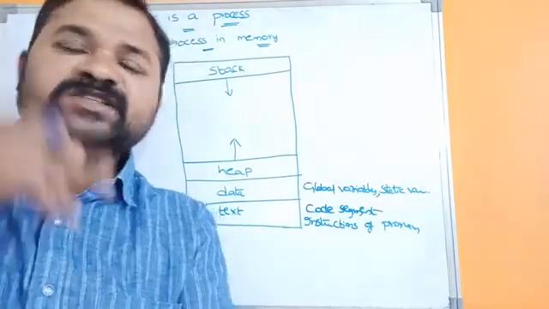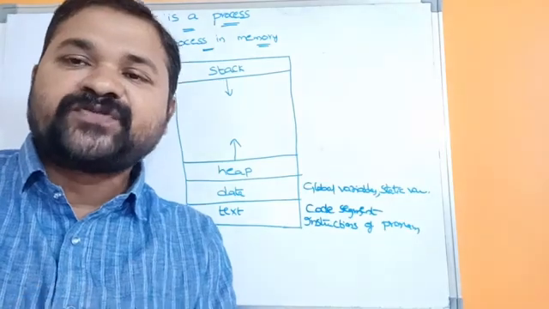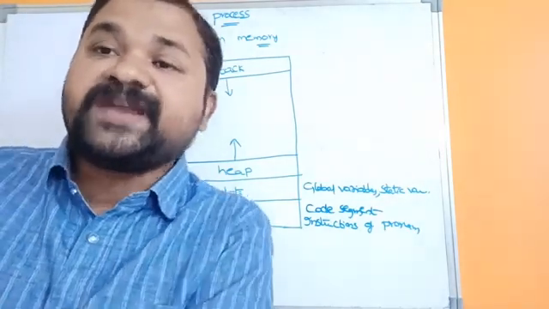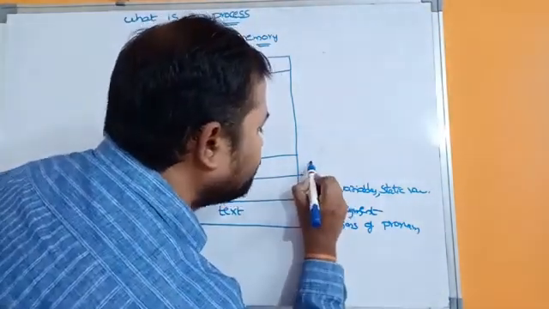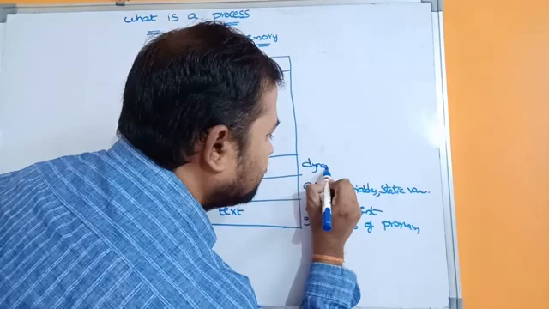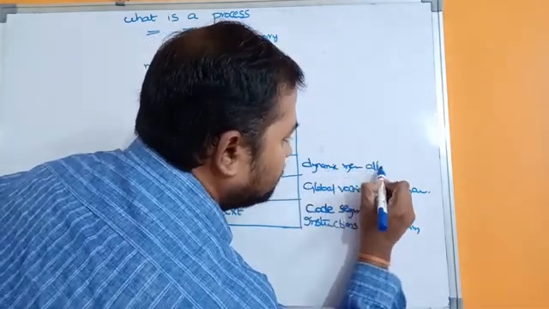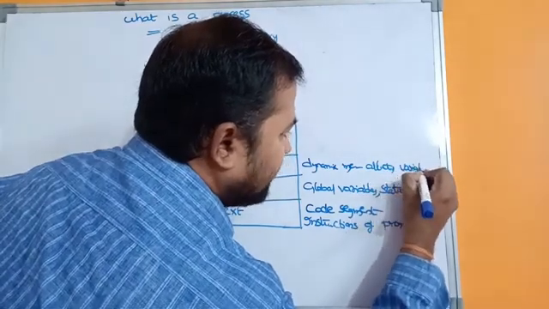Those variables will be stored in the heap. So heap is mainly useful in order to store dynamically memory allocated variables.